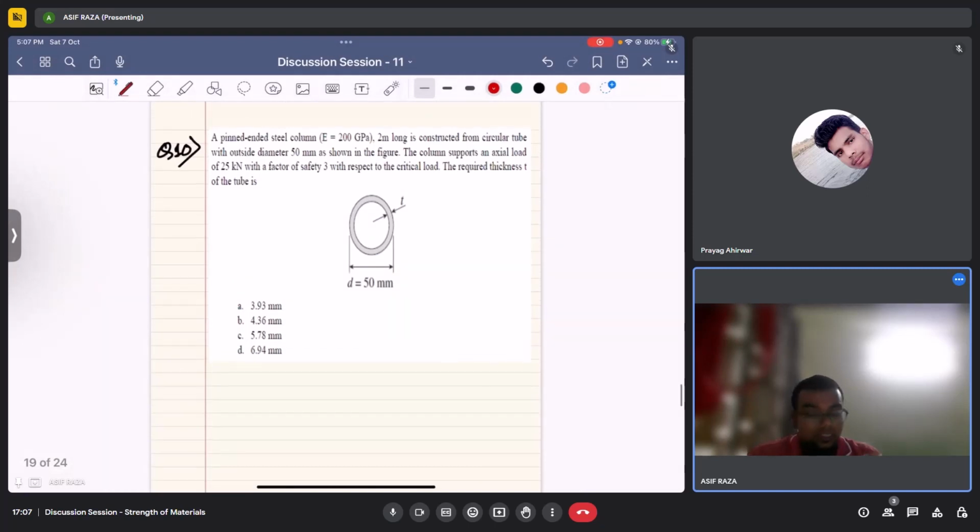Question number 10. So the question is a pin-ended steel column. Young's modulus is given as 200 gigapascal. It is 2 meter long, constructed from a circular tube with outside diameter as 50 mm as shown in the figure. The column supports an axial load of 25 kN with a factor of safety 3 with respect to the critical load.